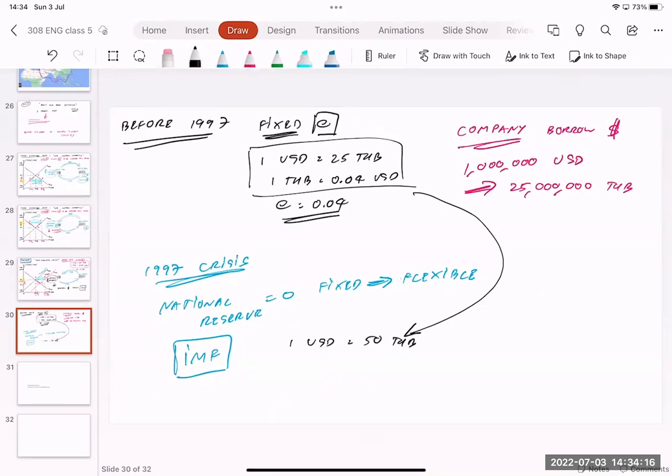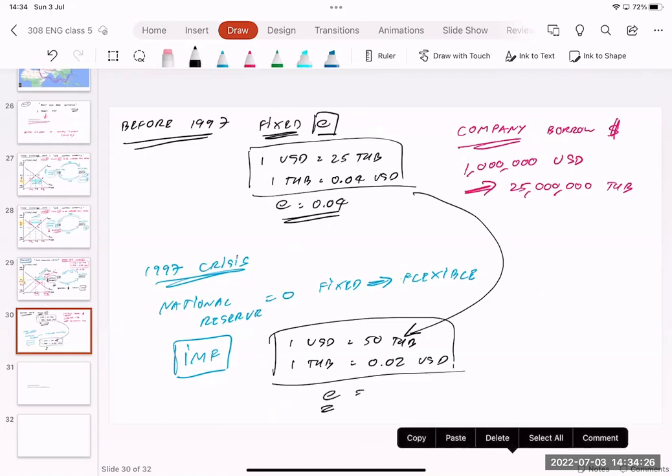Or if you divide 50 on both sides, 1 baht equal to 0.02 US dollar. So you can see the Thai baht became very weak. The nominal exchange rate went down from 0.04 to 0.02.